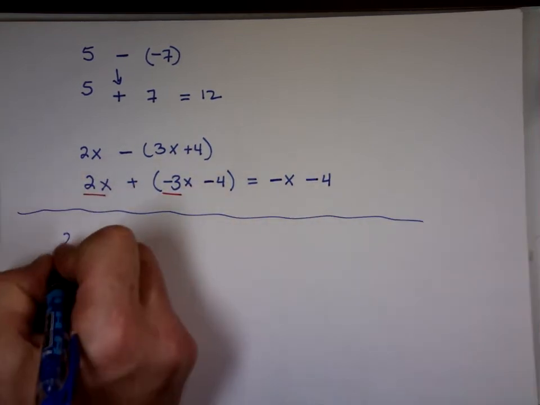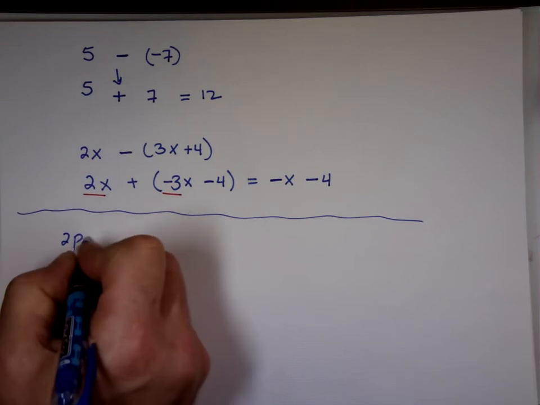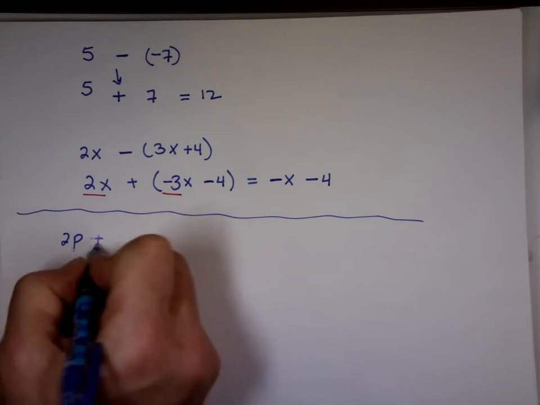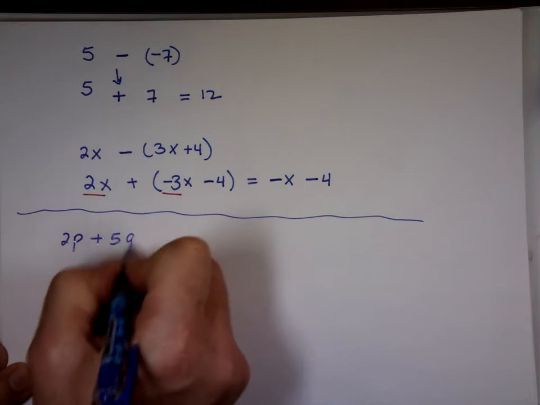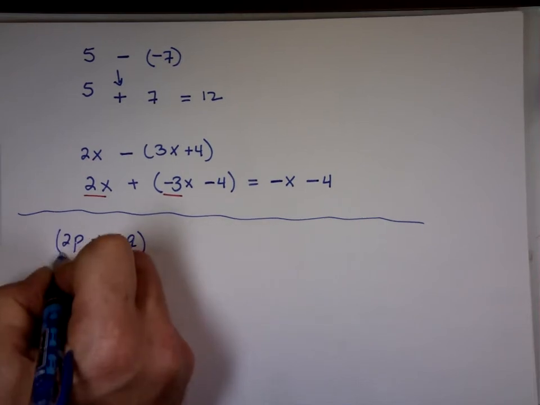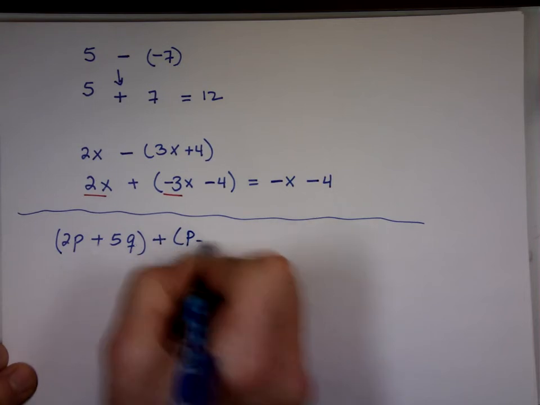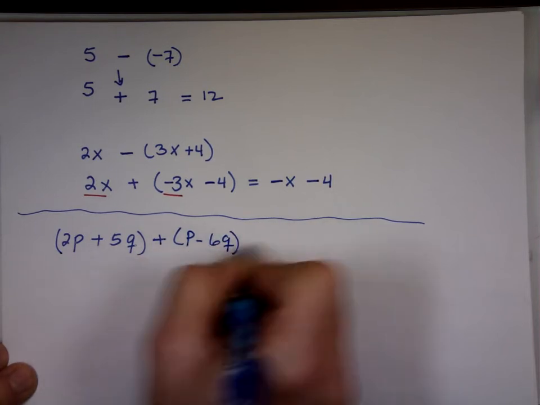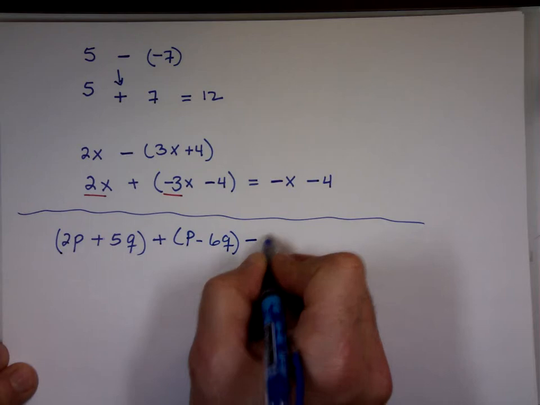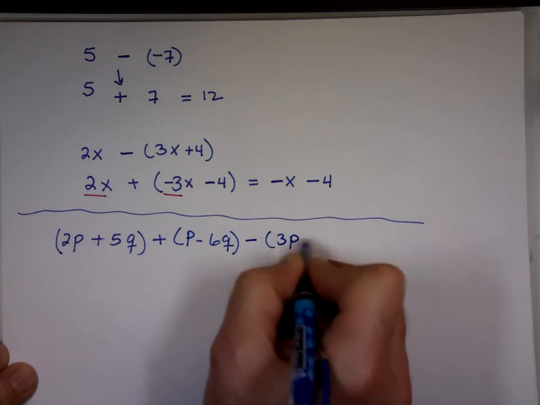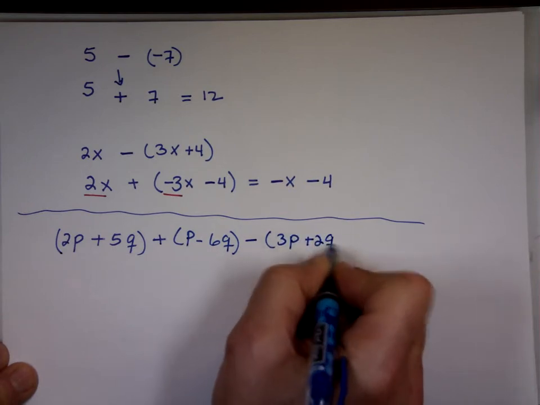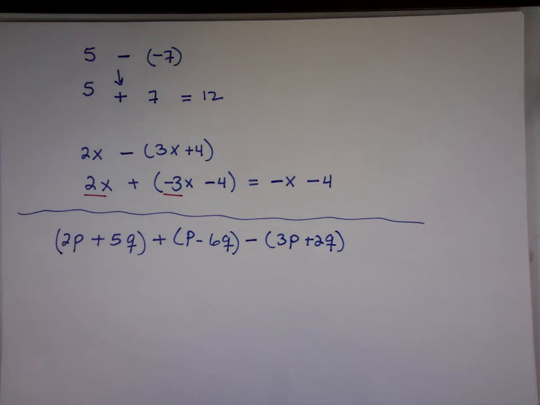Another one, 2p plus 5q plus p minus 6q minus 3p plus 2q. Again, if you want to take it nice and slow with this, we'll do that.